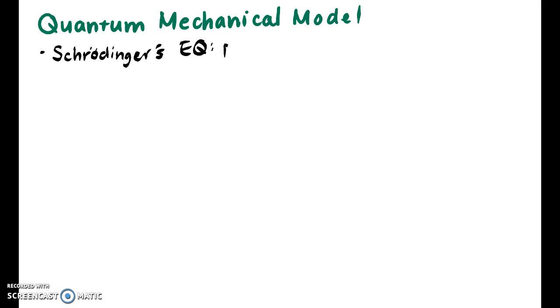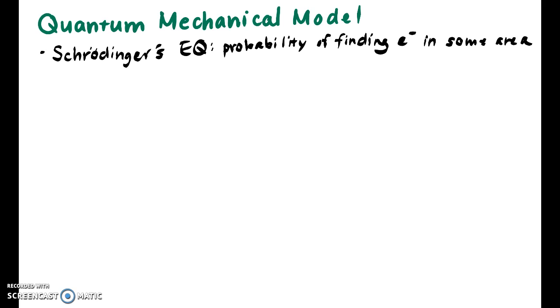We can only know the probability of finding electrons or an electron in some area. So we might know that in area A, for example, we're more likely to find electrons than in area B, where the probability of finding an electron is much less.